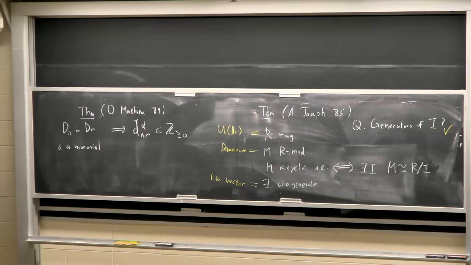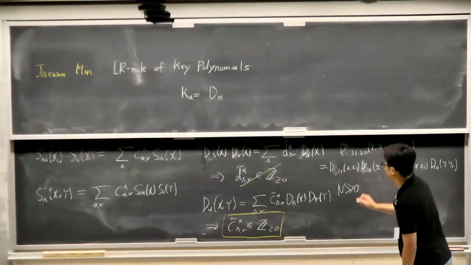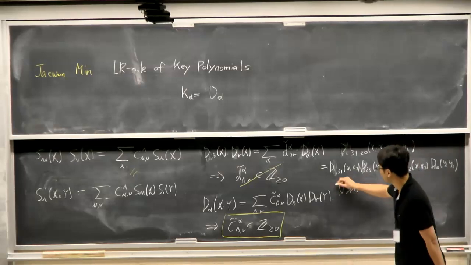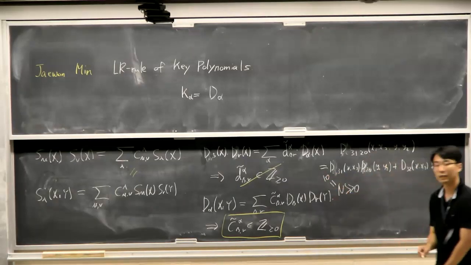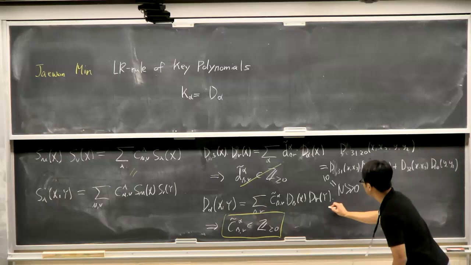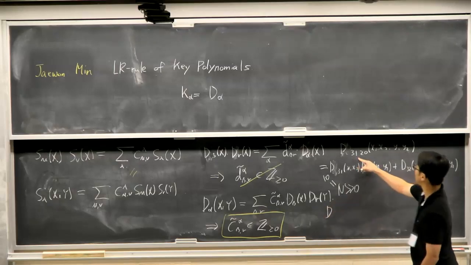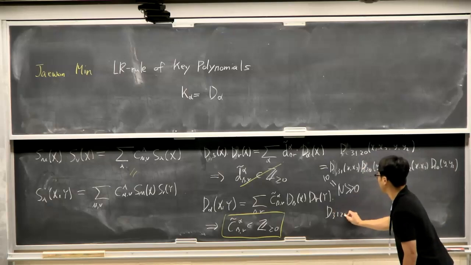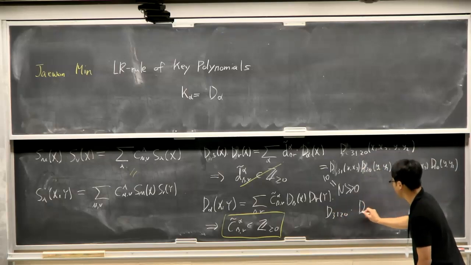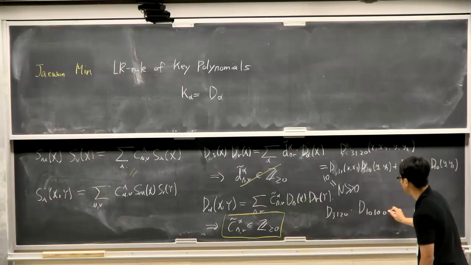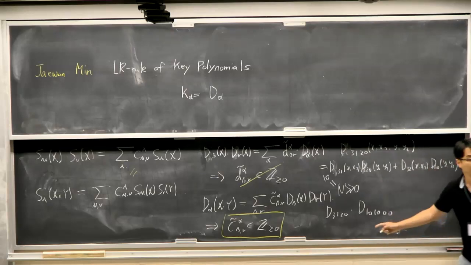First of all, I'm going to pick a large enough number n. In this running example, let me try 10. I'm going to multiply key polynomial 3, 1, 2, 0 with key polynomial 10, 10, 0, 0, which is a monomial.